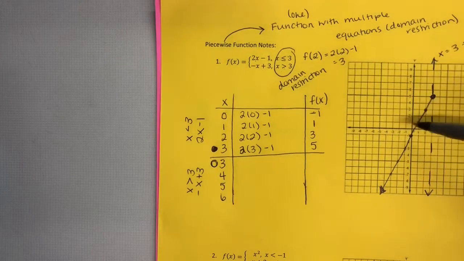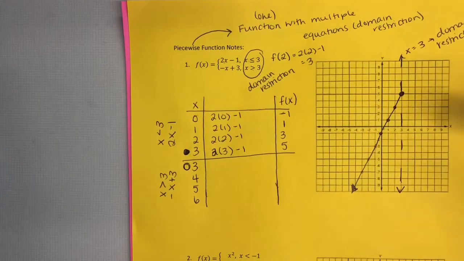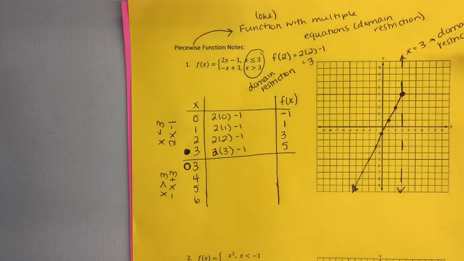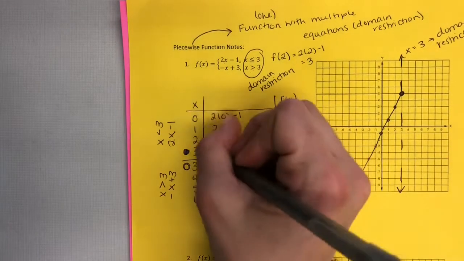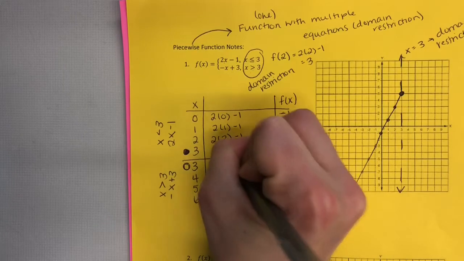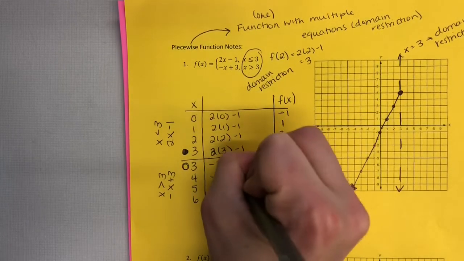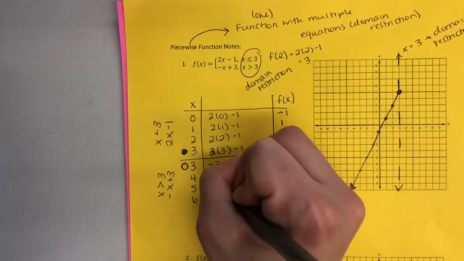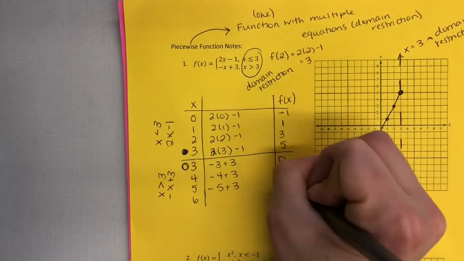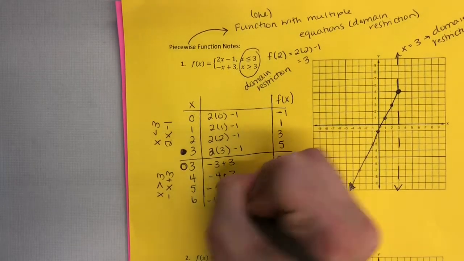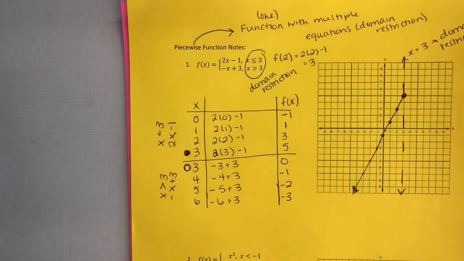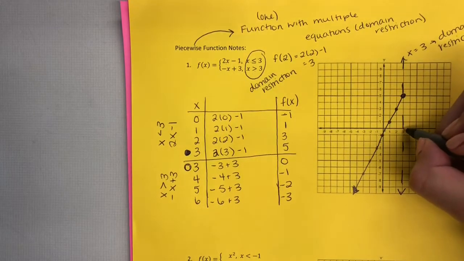But I'm not done because I still need to do the second part of my equation for what's gonna go on the right side, what's gonna be when we're greater than 3. So I substitute in again. Negative 3 plus 3 is 0. Negative 4 plus 3 is negative 1. Negative 5 plus 3 is negative 2. So, first thing I'm going to do is 3, 0.